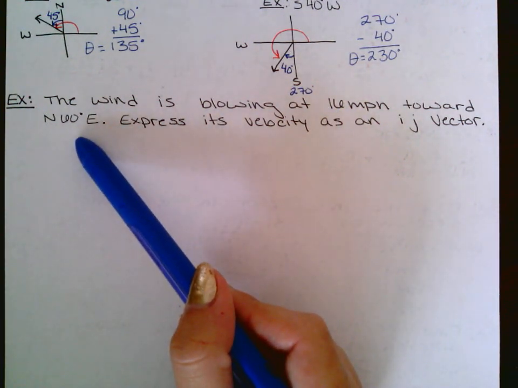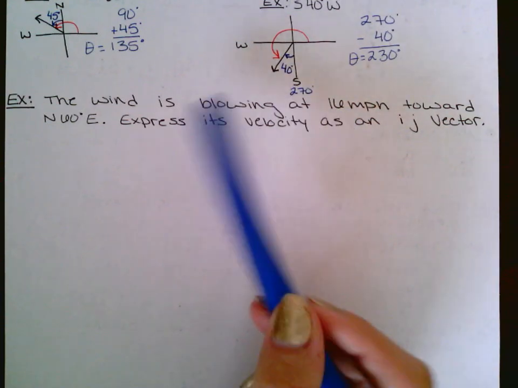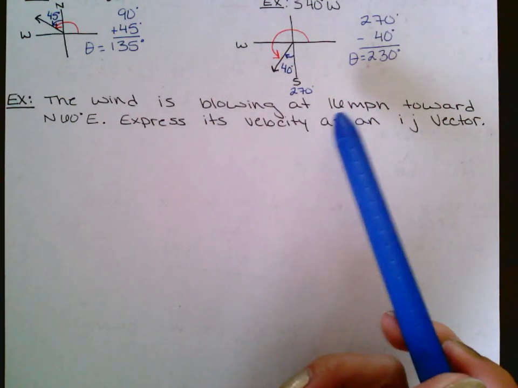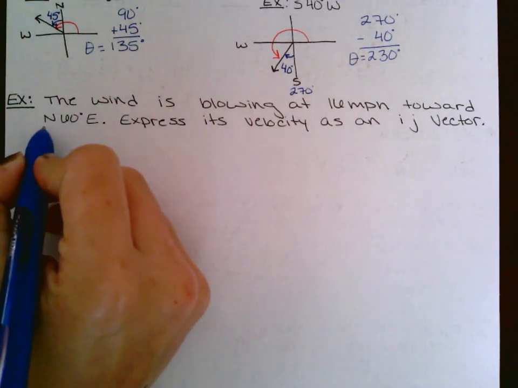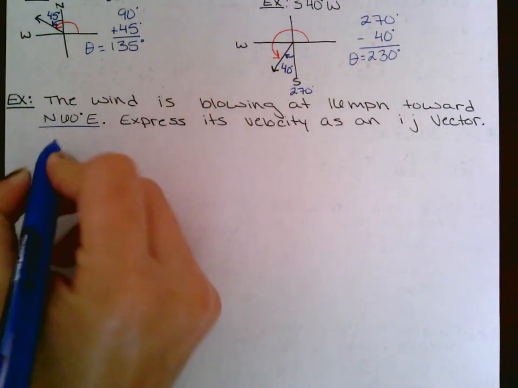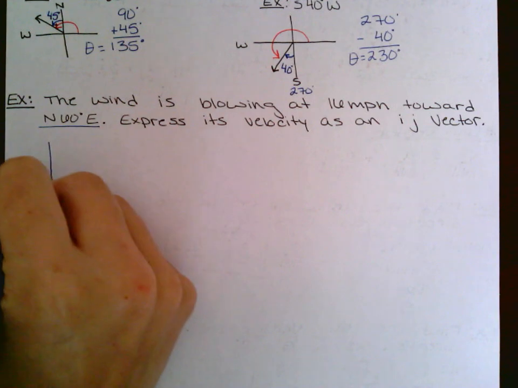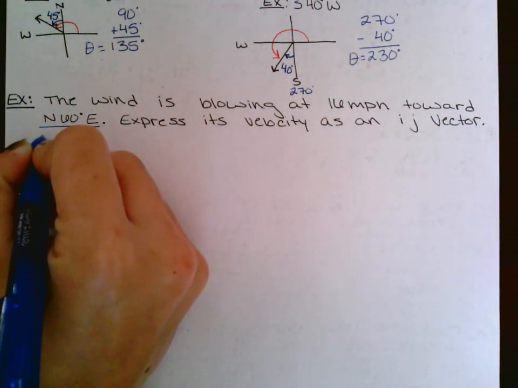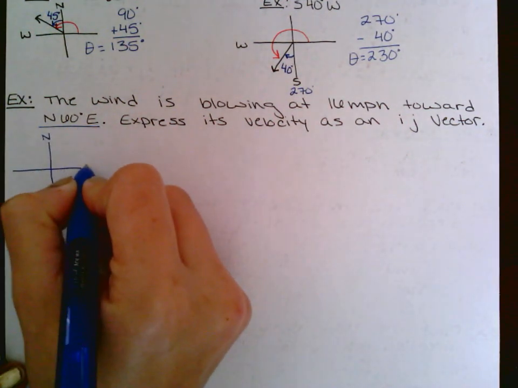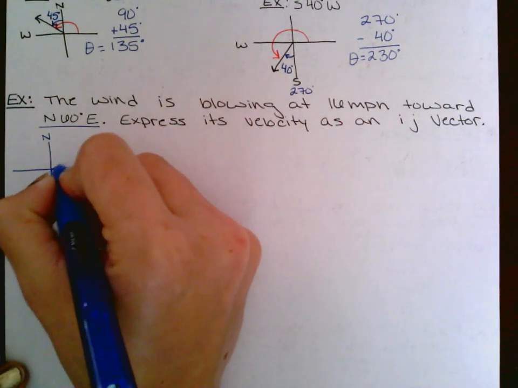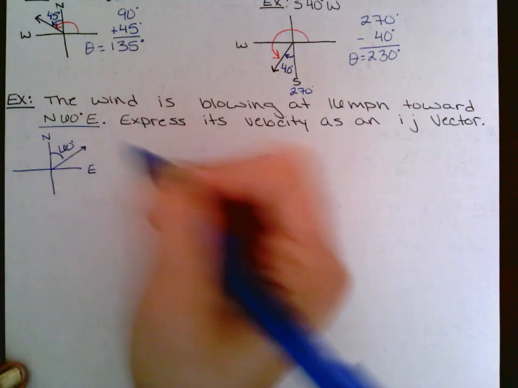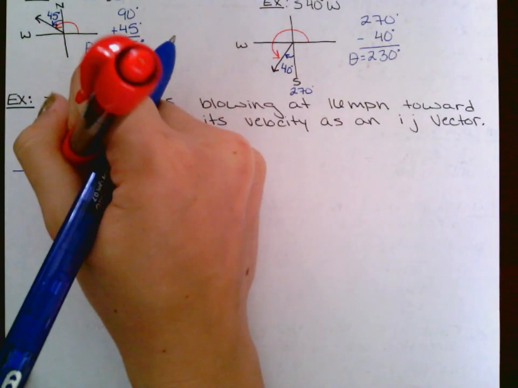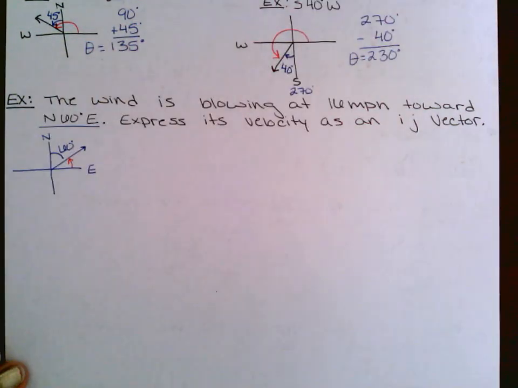So like the car that I told you was going 50 miles an hour north on the highway, same thing. So the first bit of information that we have here, let's look at theta. So this went north towards east, and it went 60 degrees, which means that my job is going to be to find this value.